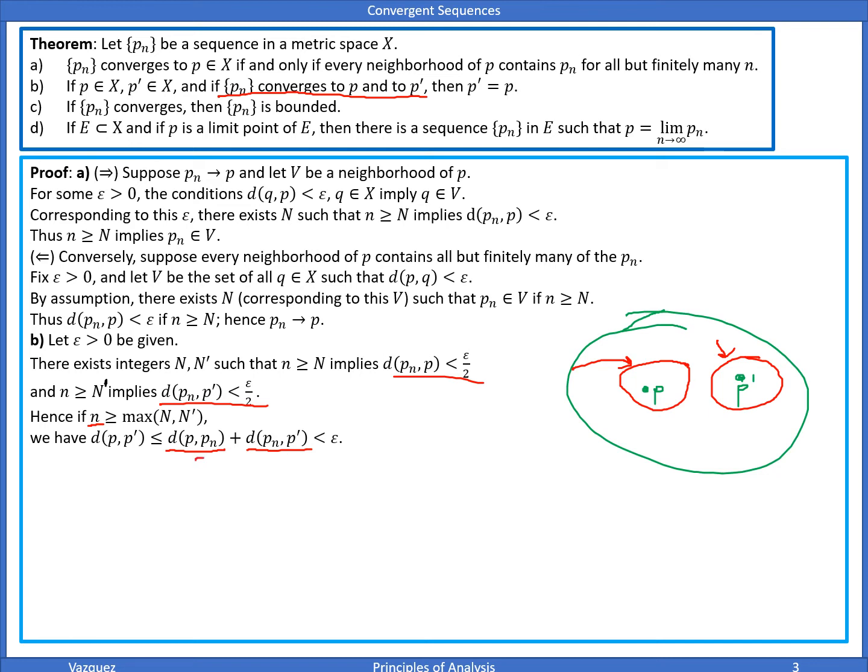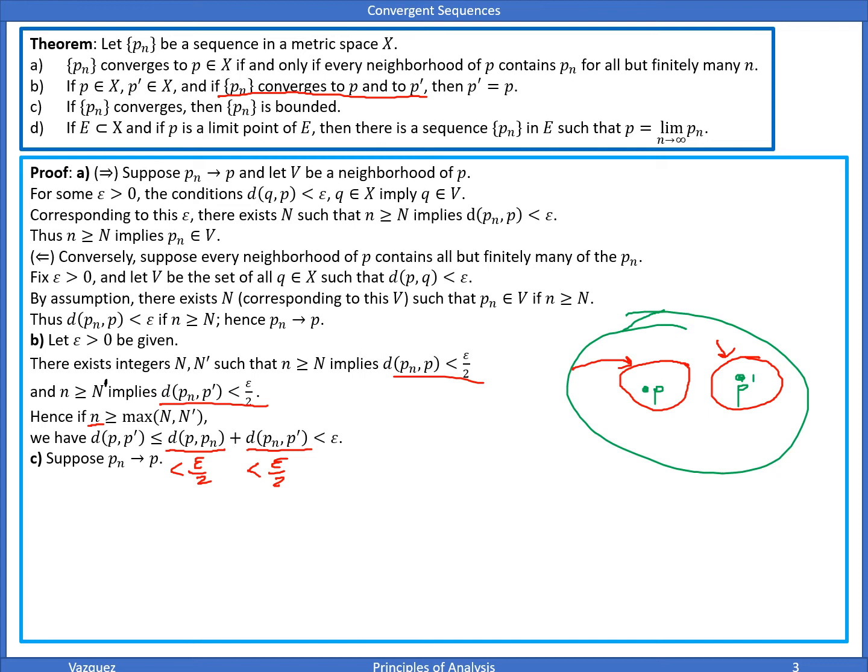Because this here was epsilon over 2 and epsilon over 2. That's why it's less than epsilon. So the distance between P and P prime is arbitrarily small, meaning P and P prime are indeed the same point. That concludes the proof.